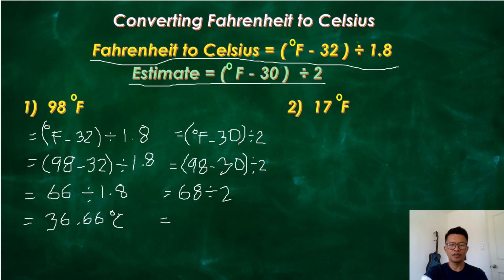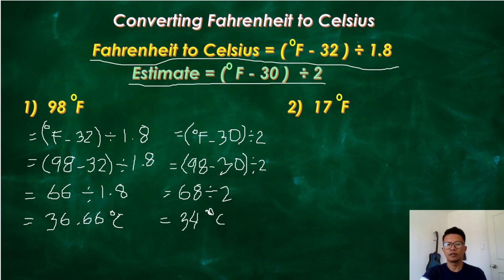Alright, that will give us an answer of 34 degree Celsius. Alright, so 34 is close to 36.6. There is only 2.66 difference. Alright, let us proceed to example number 2.